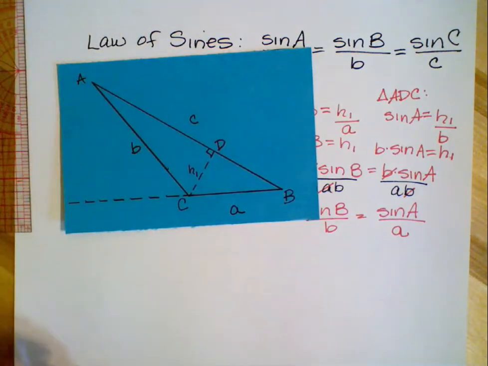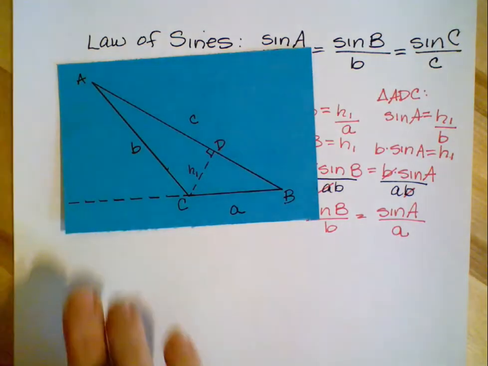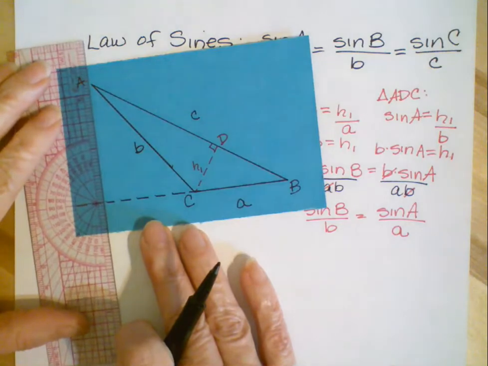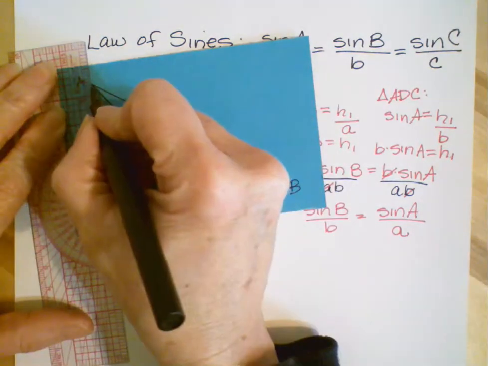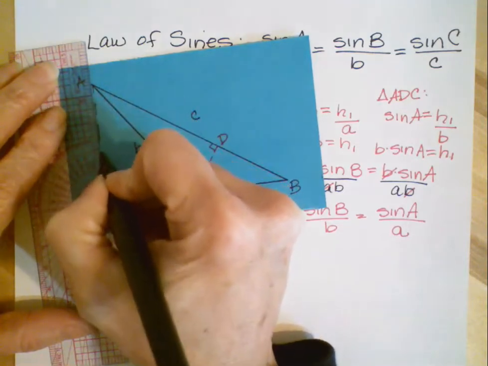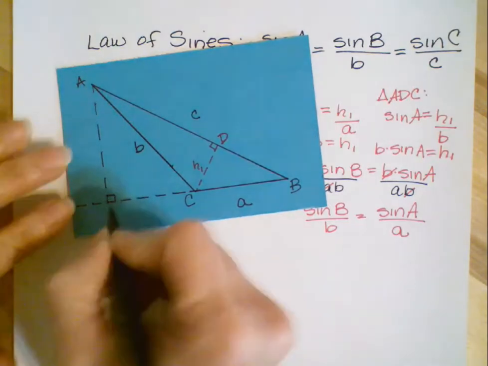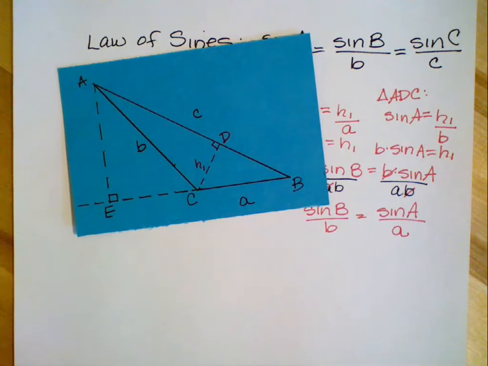And now it's possible to draw a segment from point A perpendicular to that side CB. In which case we end up with something like so. And I'm going to call the point where these meet E. And I want to refer to this altitude that we just drew here, we're going to call that H sub 2.